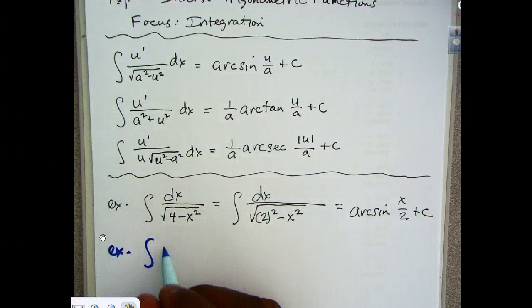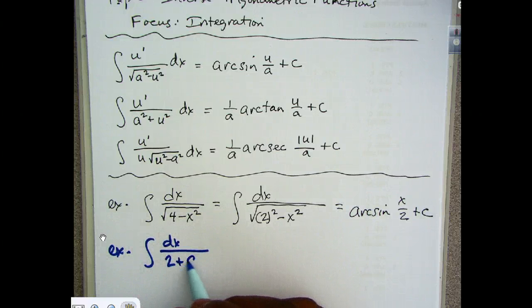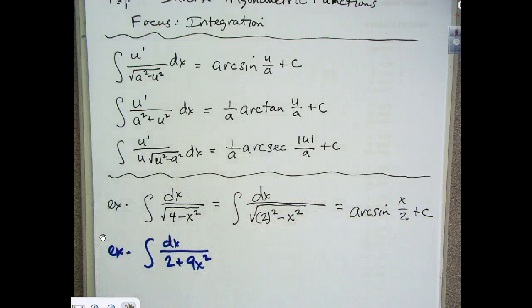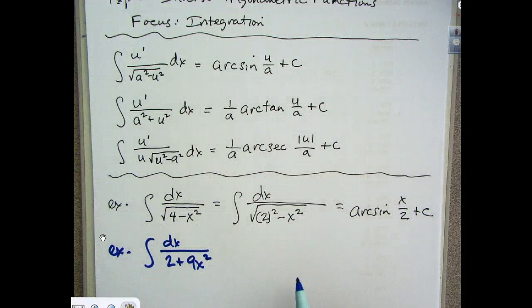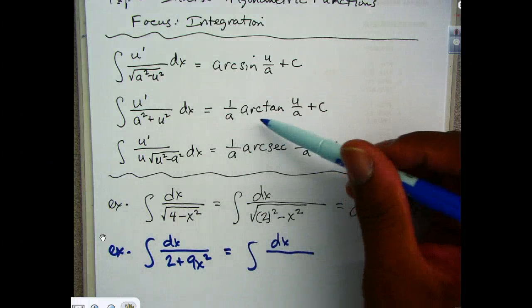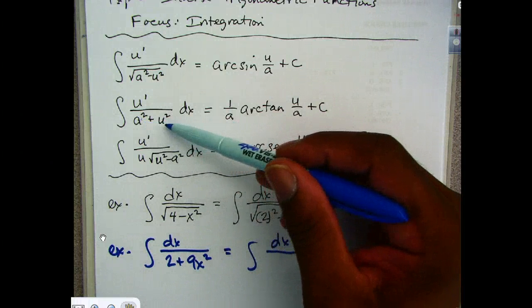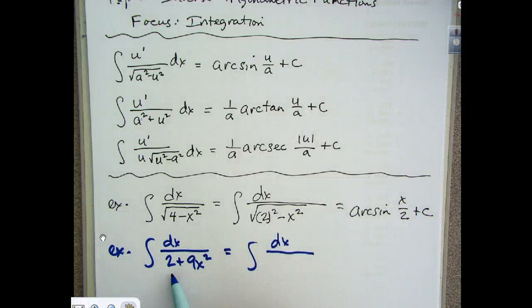How about the integral of dx over 2 plus 9x squared? On this one, no square root involved, so it looks like it might match up with the arctan. So how do we write that? Now for arctan, it's a squared plus u squared, but I have a 2.